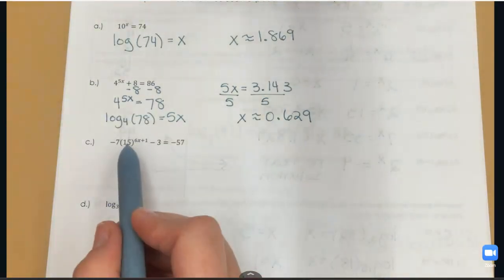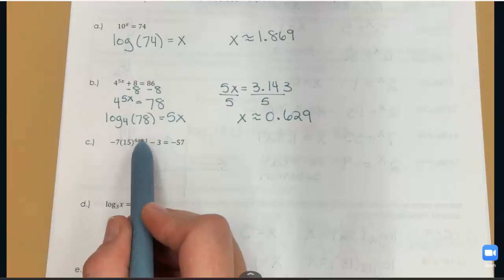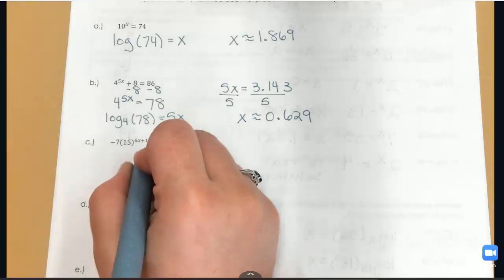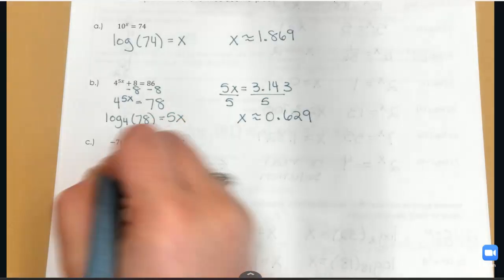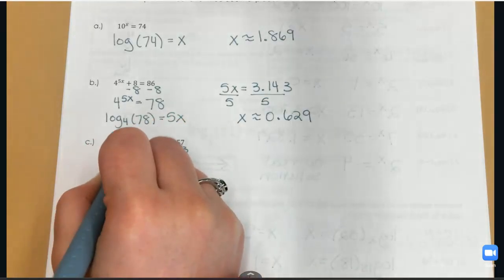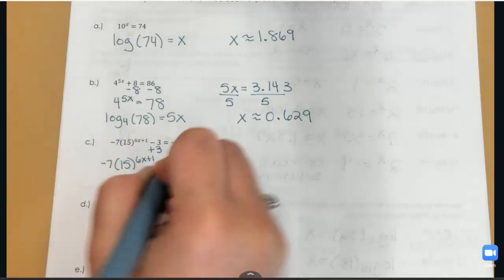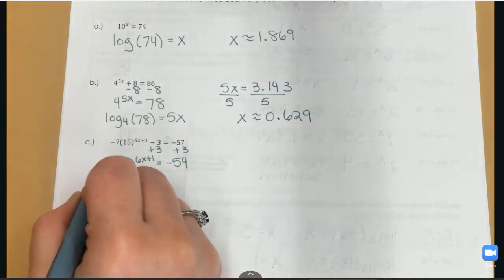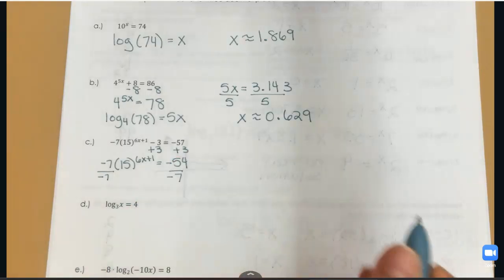Moving on to C, 15 to the 6x plus 1 is my exponential expression, so I've got a couple things to take care of here. Firstly being adding 3, since that's the inverse of subtracting. And then I need to divide by -7, since that's the inverse of multiplying.